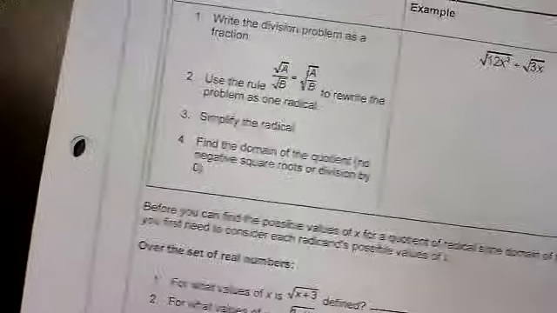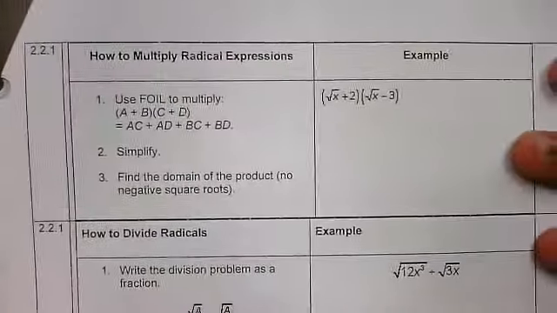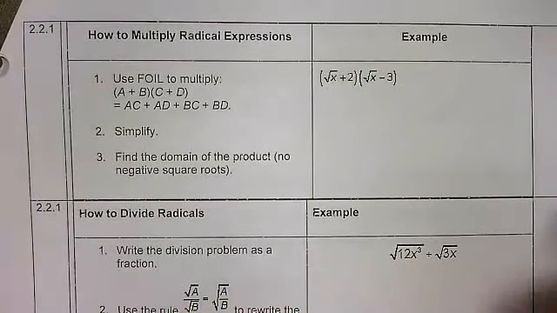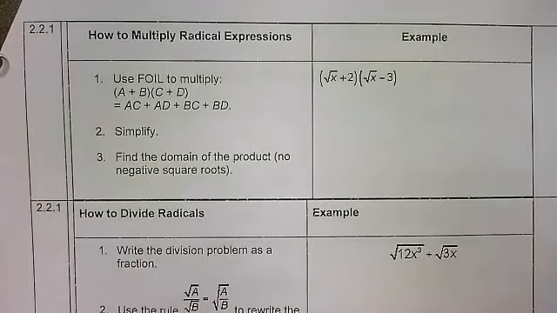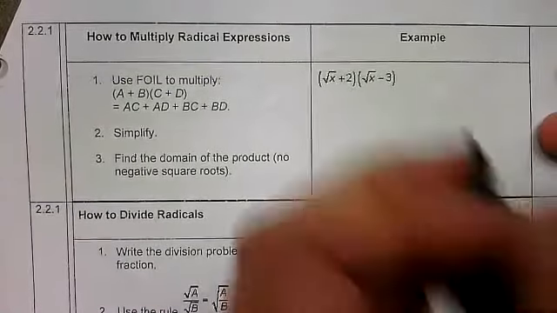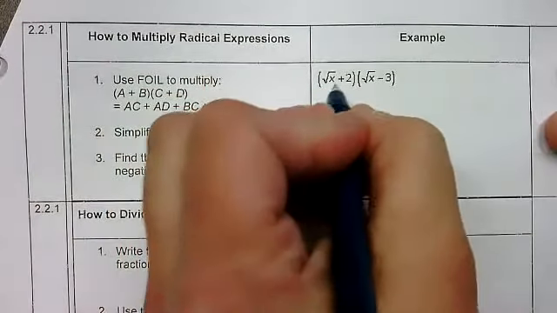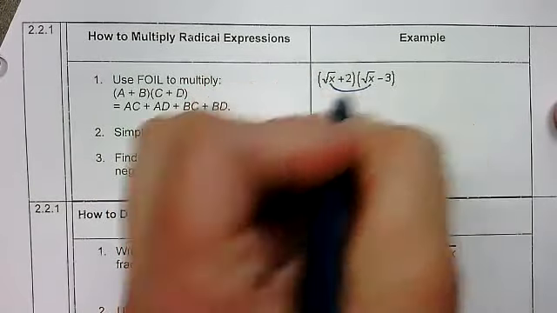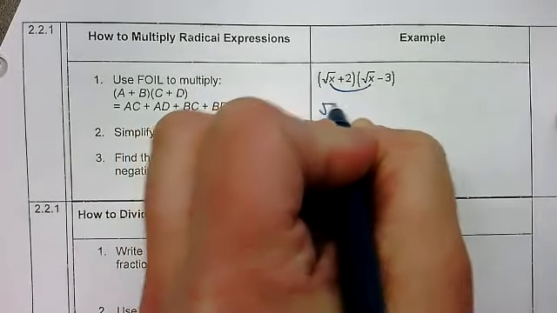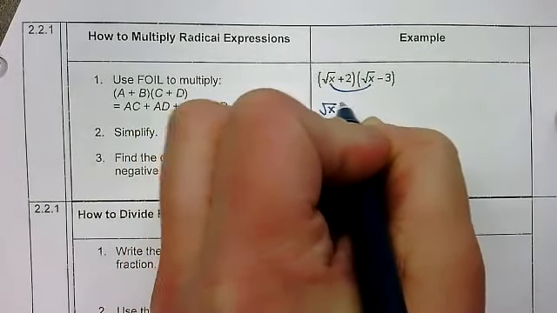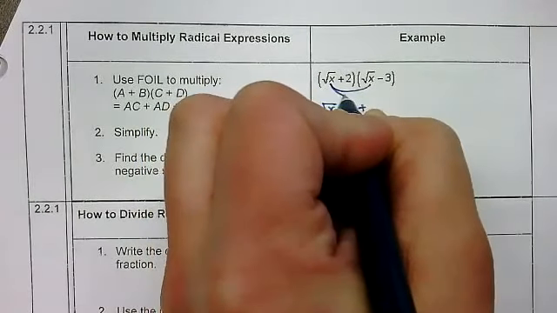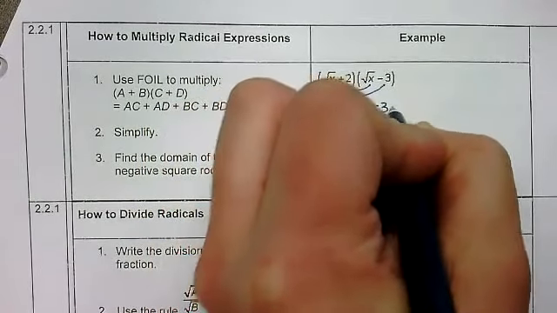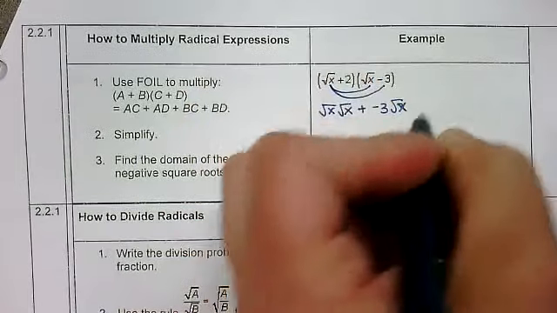So let's look at multiplying radical expressions. We're going to have to FOIL these just like we do for binomials. These are still just binomials. The only difference is now there's a square root symbol in it. So we're going to do first: the square root of x times the square root of x, plus -3 times the square root of x.